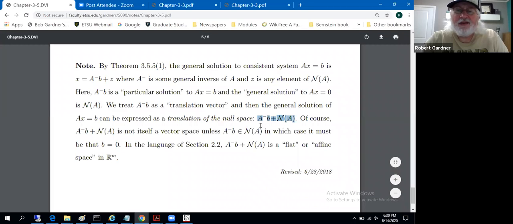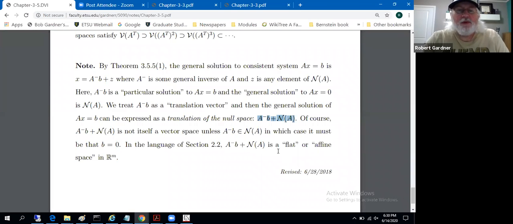I prefer calling it a translation of the null space. It's called an affine space, or a flat. The book I use in linear algebra covers this too. We're in a space and we translate.